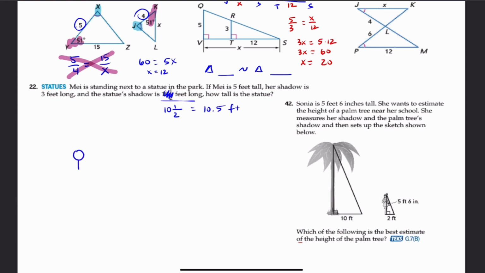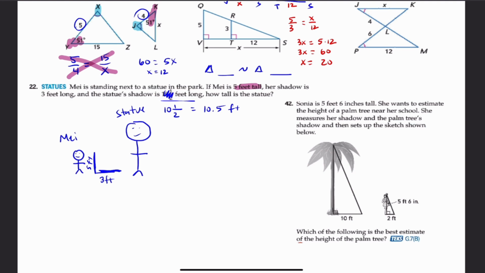You have the person, and then you have the statue. Let's pretend that this is the statue here. So this is May. This is the statue. May's 5 feet tall. And then her shadow is 3 feet long.